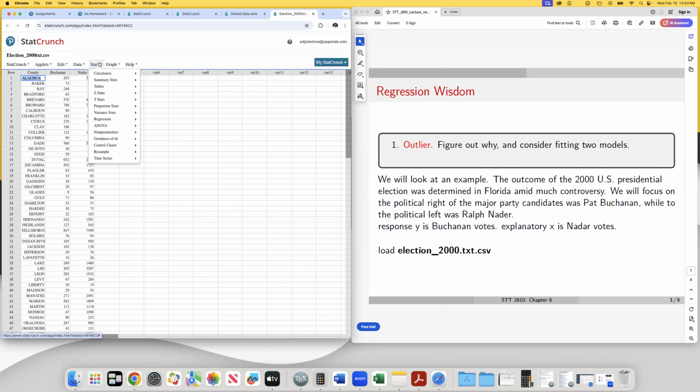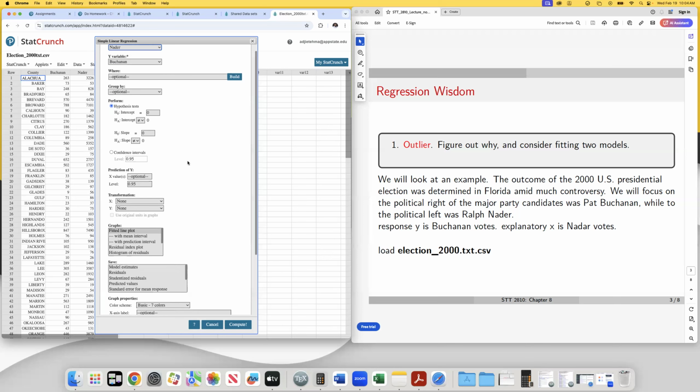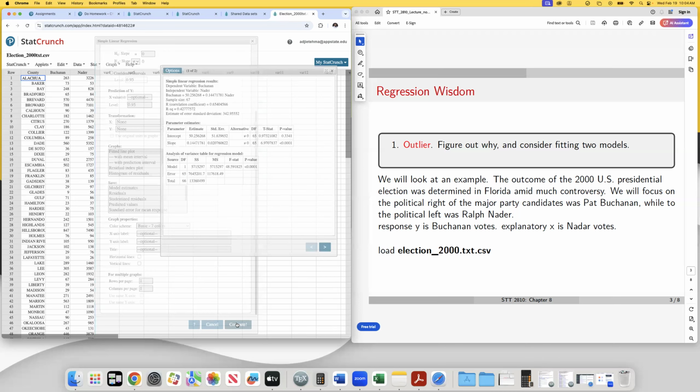This is stats, then we go to regression, and then simple linear. We are told that here the response is the Buchanan vote, and the X variable, the explanatory, is the Nader vote. Then let's hit compute.